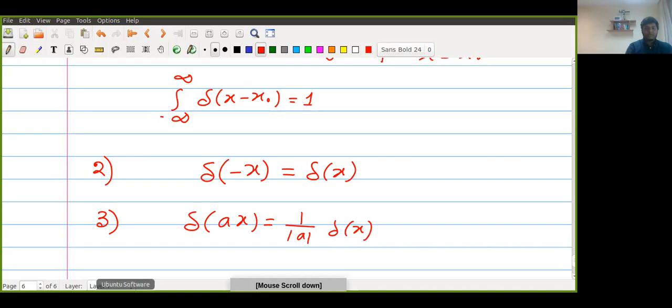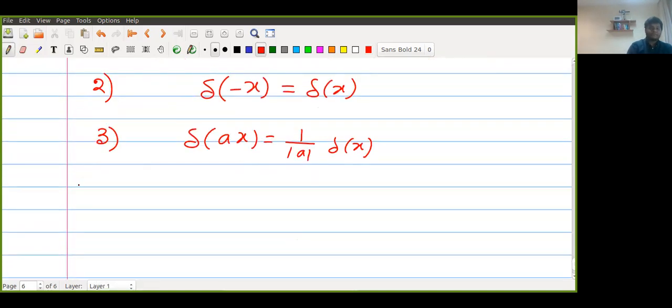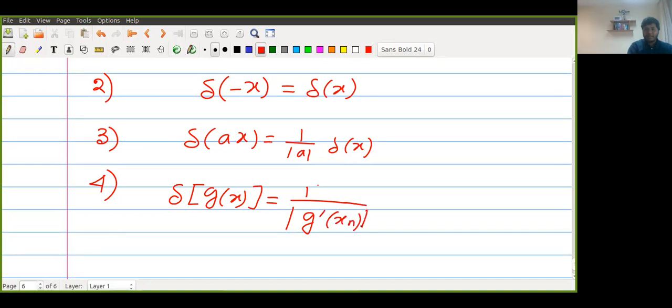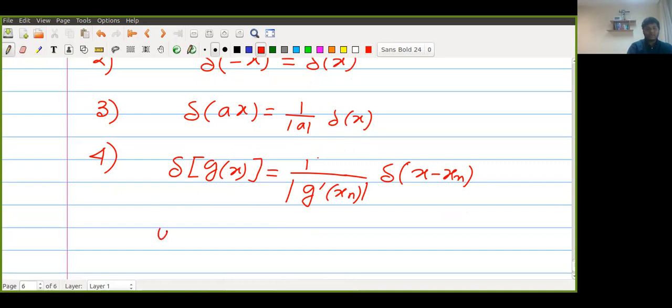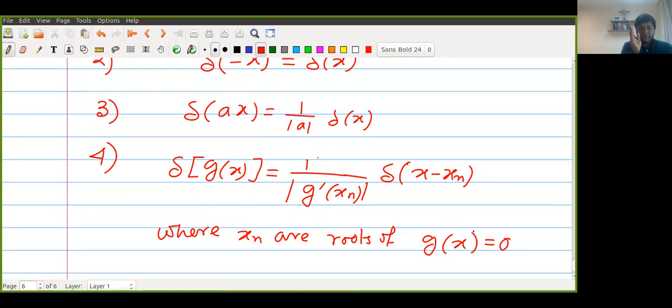Then the fourth one, which is the most important property of the Dirac-delta function: delta of g of x equals the sum of 1 over mod of g prime of xn, delta of x minus xn, where xn are the roots of g of x equals 0.